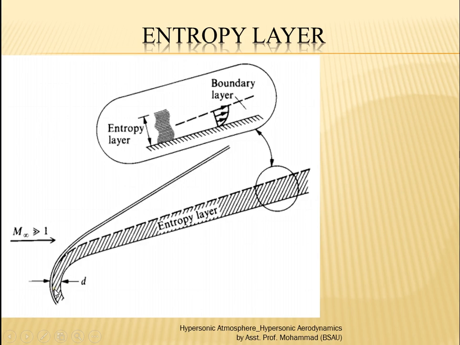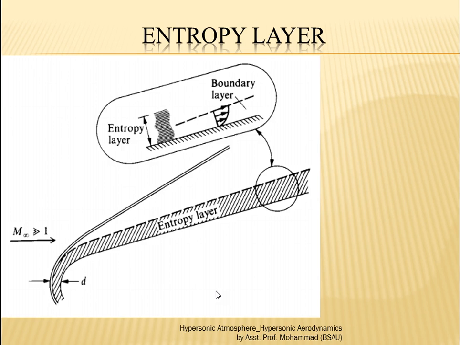We also know that across the shock, entropy change takes place because shock is a non-isentropic phenomenon. Entropy change takes place, some losses take place there also. So this entropy change also depends upon the strength of the shock. It's not like a particular shock will have the same entropy change throughout.